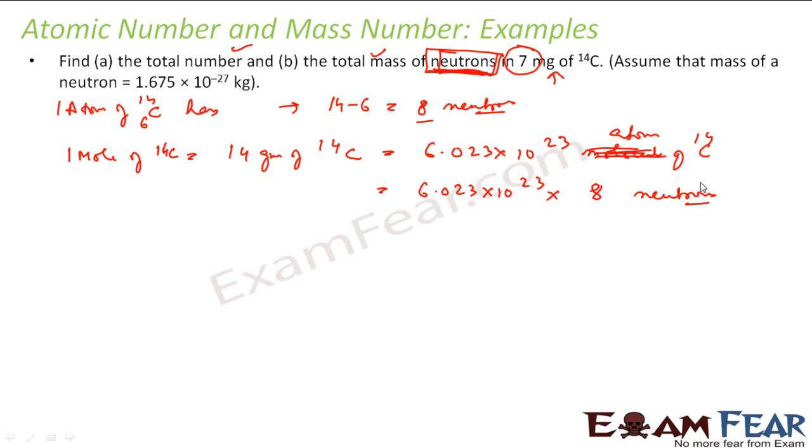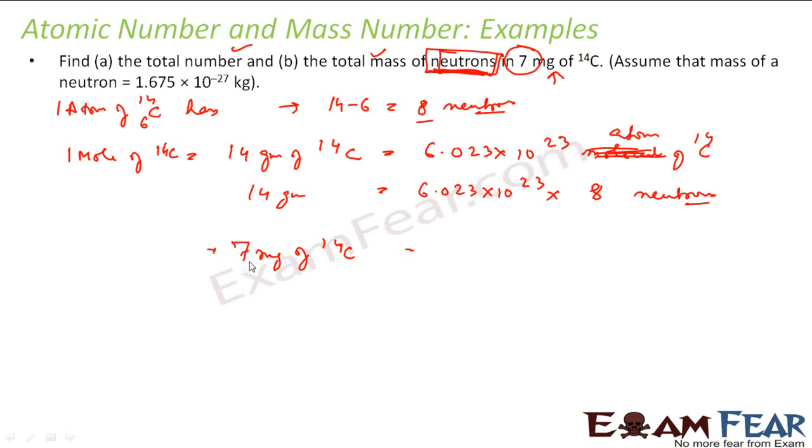Because this has this many atoms of carbon and 1 atom of carbon has 8 neutrons. This many neutrons we have in 14 grams of carbon 14, right? But we are looking for 7 milligrams. This is 14 grams. So 7 milligrams of carbon 14 will have how much?